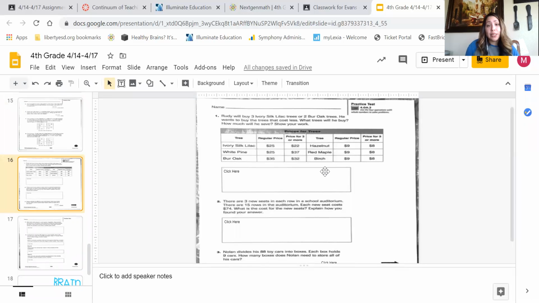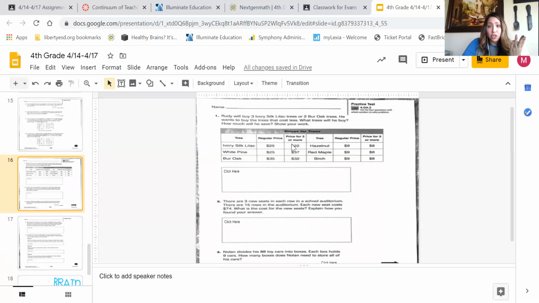Here, you are going to need to use this nice little model here, okay? Rudy will buy 3 ivory silk lilac trees or 2 bur oak trees. He wants to buy the trees that cost less. What trees will he buy? So you need to take a look. He says he wants to buy 3 ivory silk lilac trees.